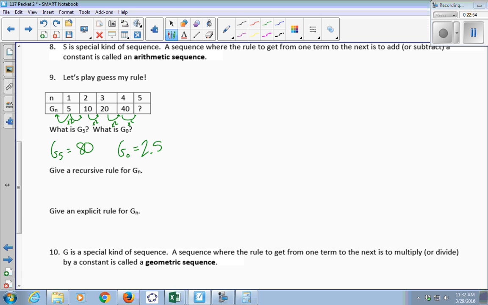All right, so if I want to write a recursive rule for G sub n, I want G sub n equals... And again, it helps to write this out in English, right?